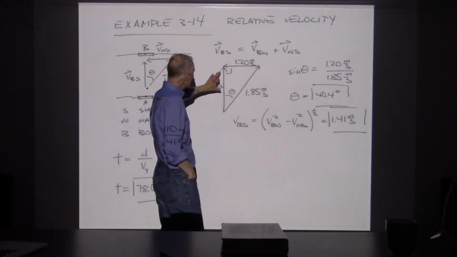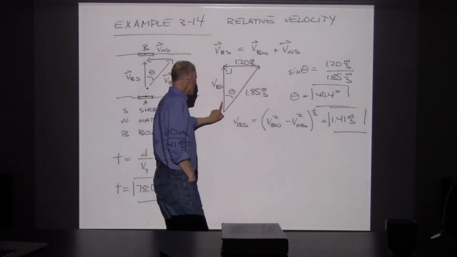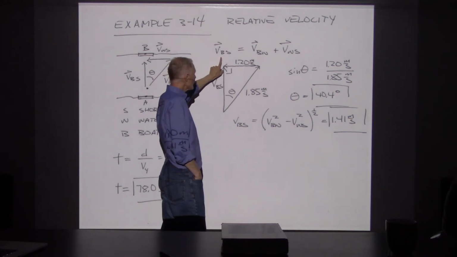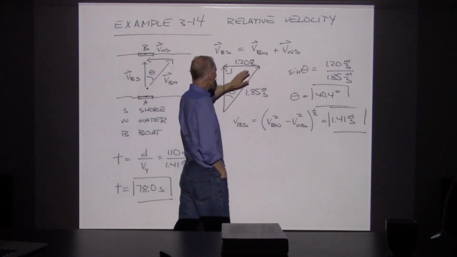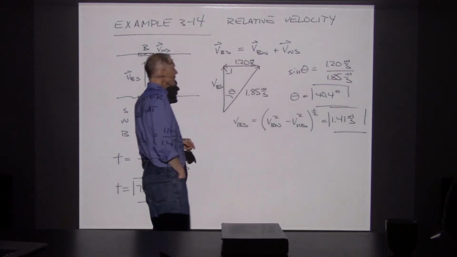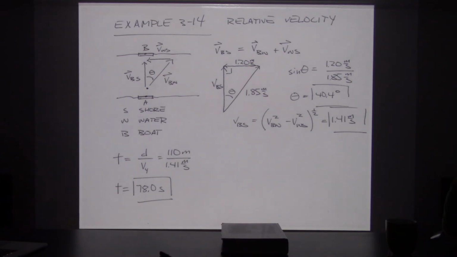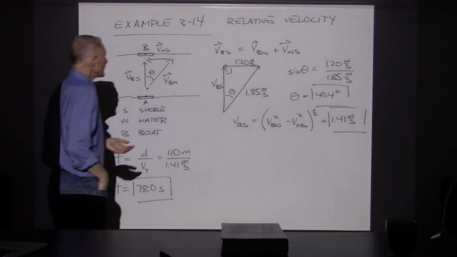So just how fast are we traveling? And to solve for the speed at which we're making our way across, we can take the hypotenuse and square it, subtract off the opposite side squared, and take a square root. It says that we're going to make our way across the river at a speed of 1.41 meters per second. So we're not going to go at as high a speed as we would like.